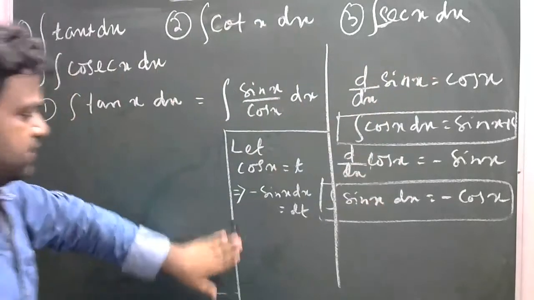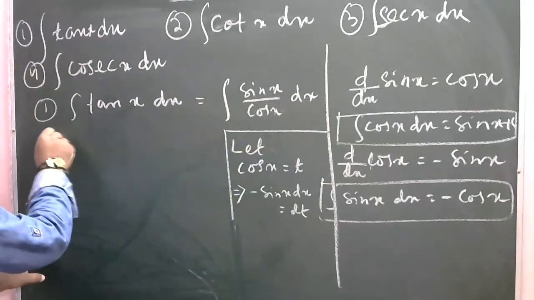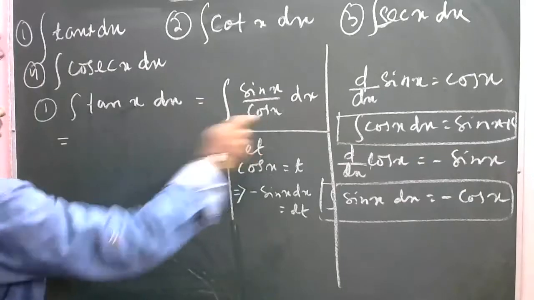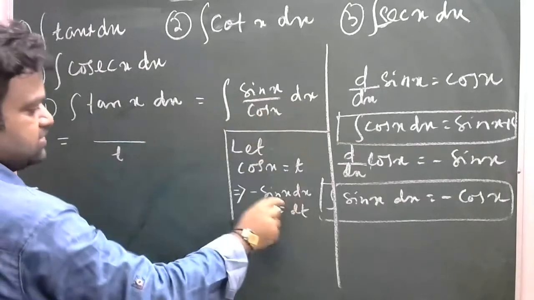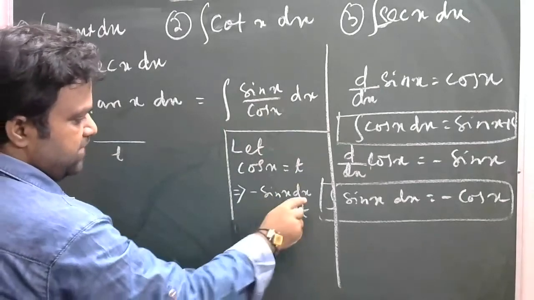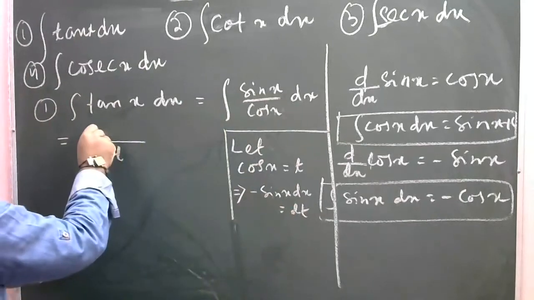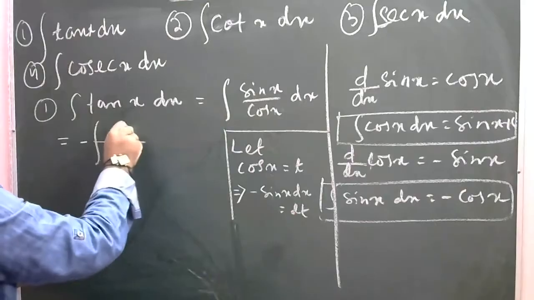So cos x I have taken as t, and minus sin x dx is dt, so sin x dx will be minus dt. So I'll write minus outside.